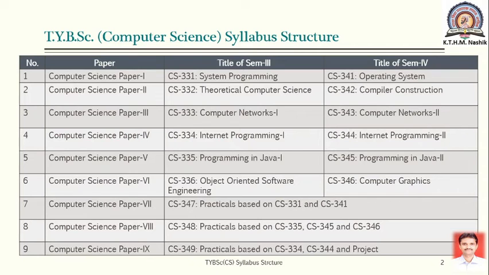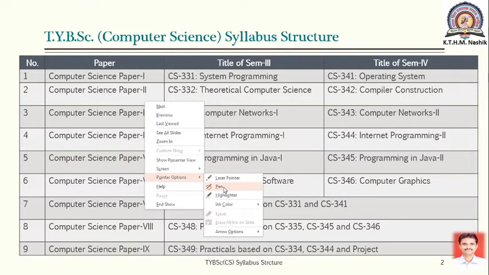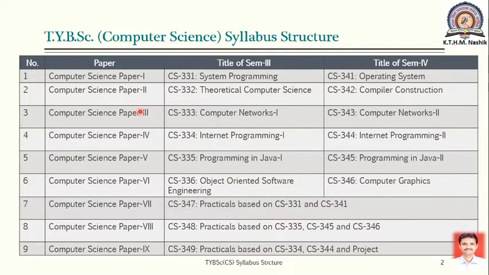Now, in third year of this graduation BSc Computer Science, there will be 6 theory courses and 3 practical courses. These are Computer Science paper 1 to 6 theory courses, and paper 7 to 9 are practical courses.